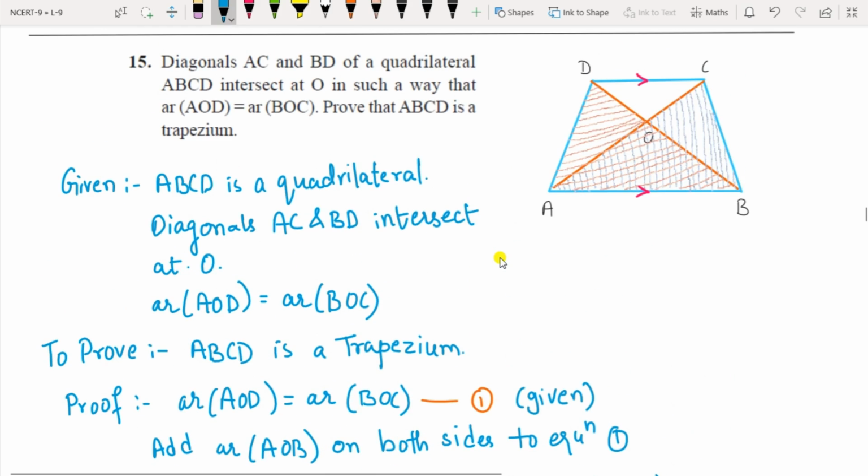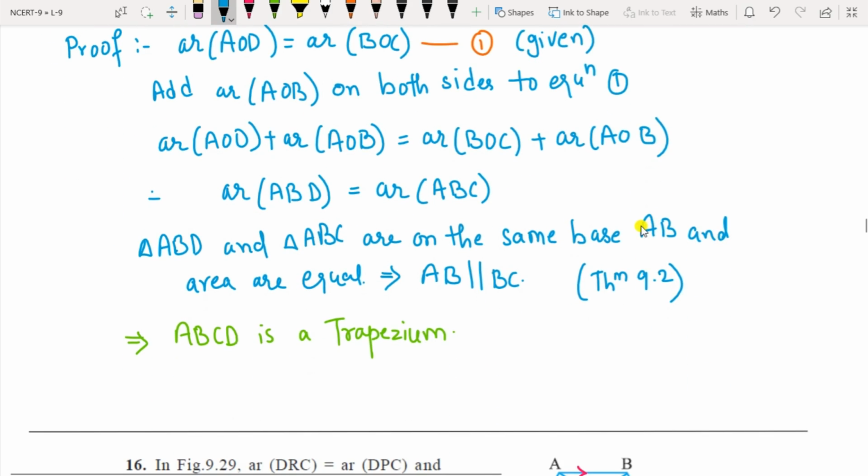Now since the area of these two triangles are equal and they have the same base, therefore they will be lying between the same parallel lines. That is from theorem 9.3 that you can see here. And therefore ABCD is a trapezium.